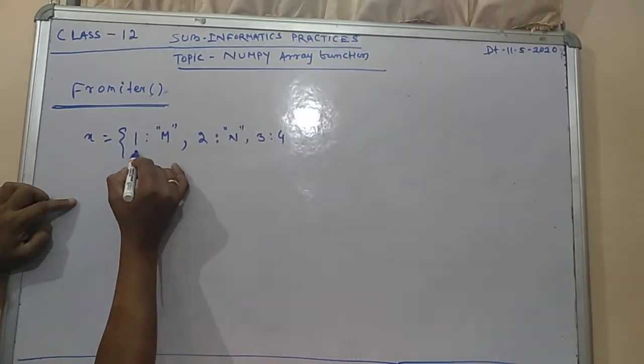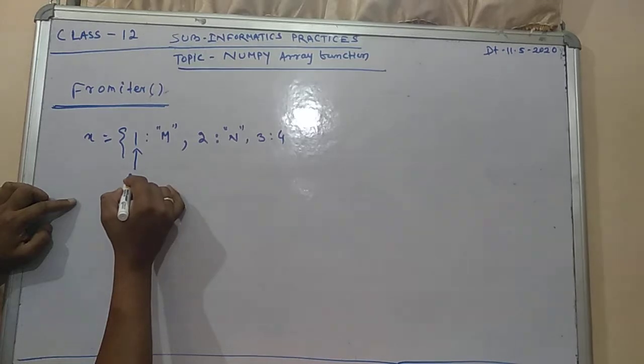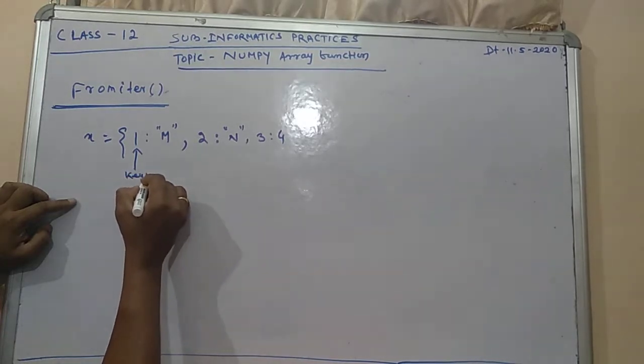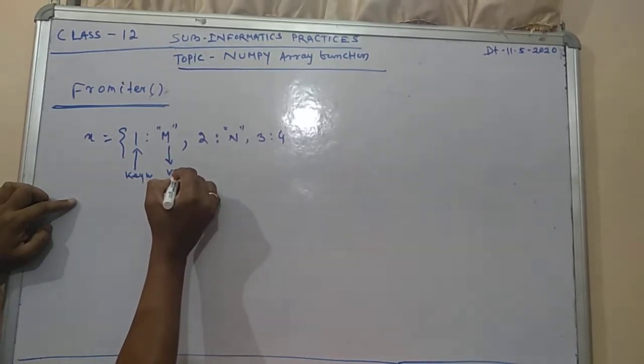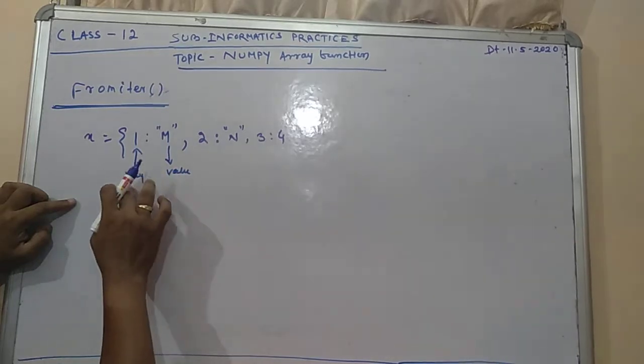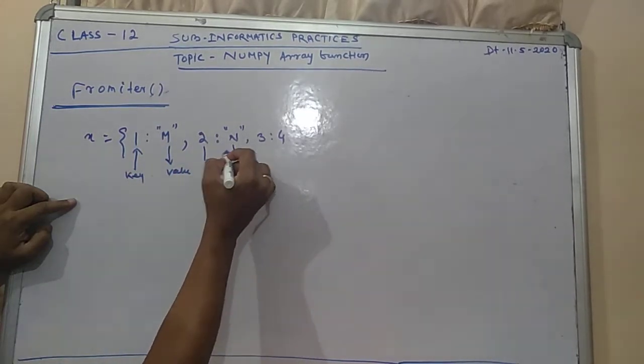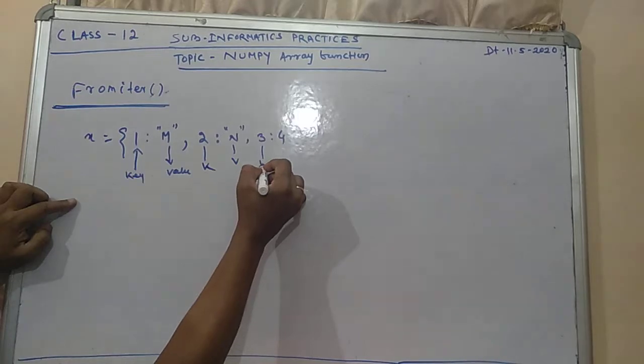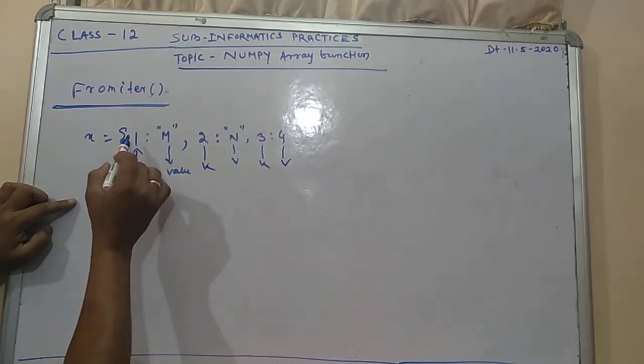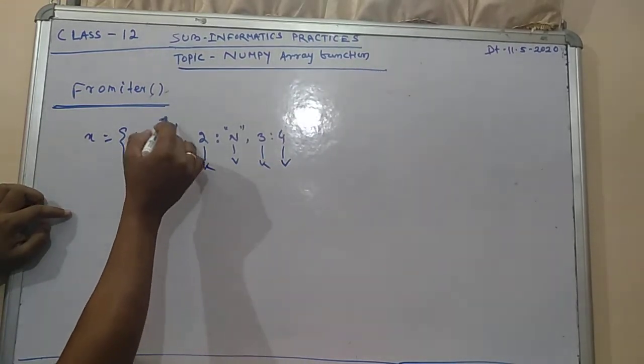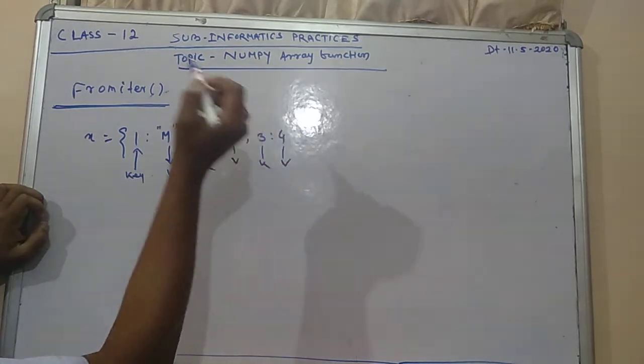You see, this is the keyword you already know from the dictionary. This is the key, this is the value. Key, value, key, value. All of you see, these are strings, and this is the integer.